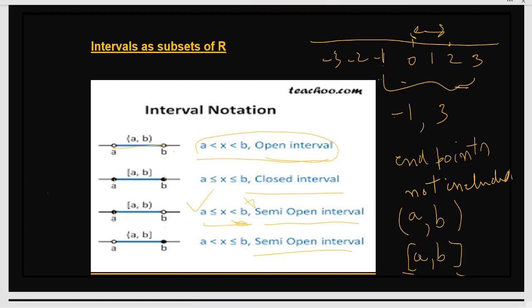This is a semi-open interval. Similarly, A less than x less than or equal to B: B is included, A is not included. This is also a semi-open interval. In the same way, A is an open dot and B is a solid dot. This is how we represent it.